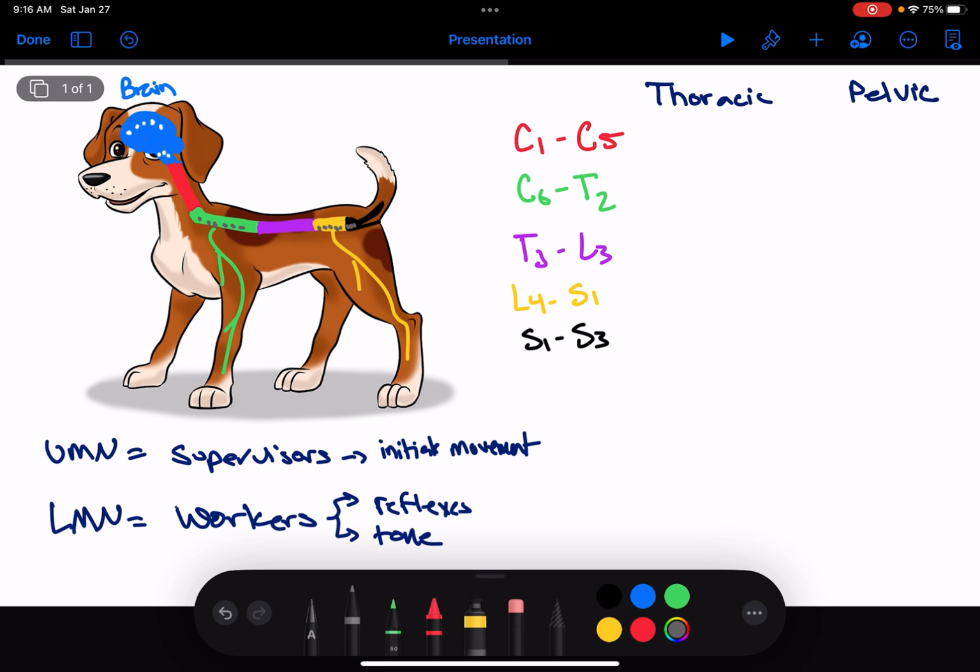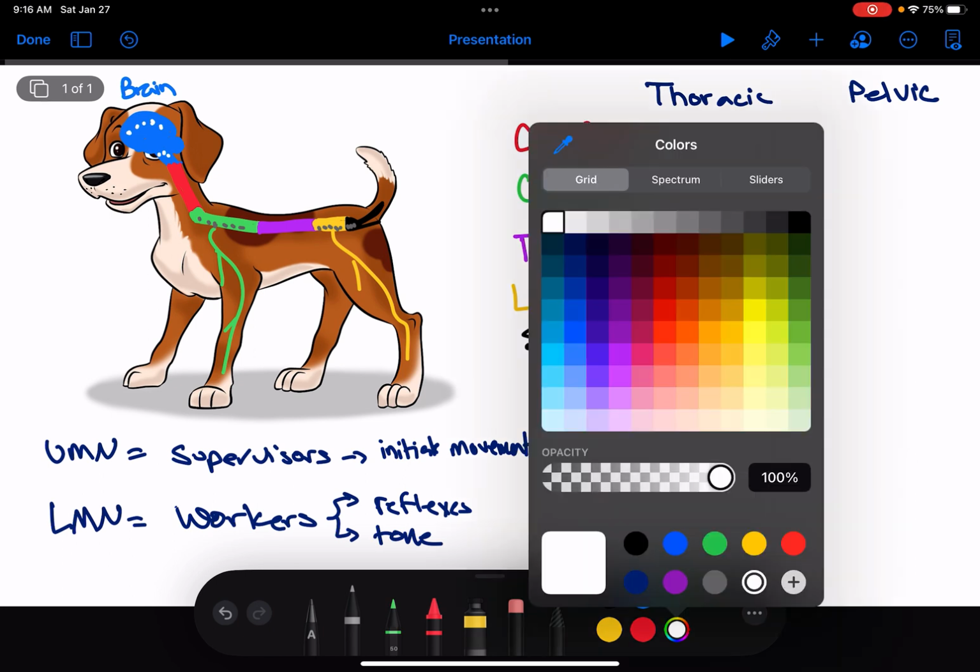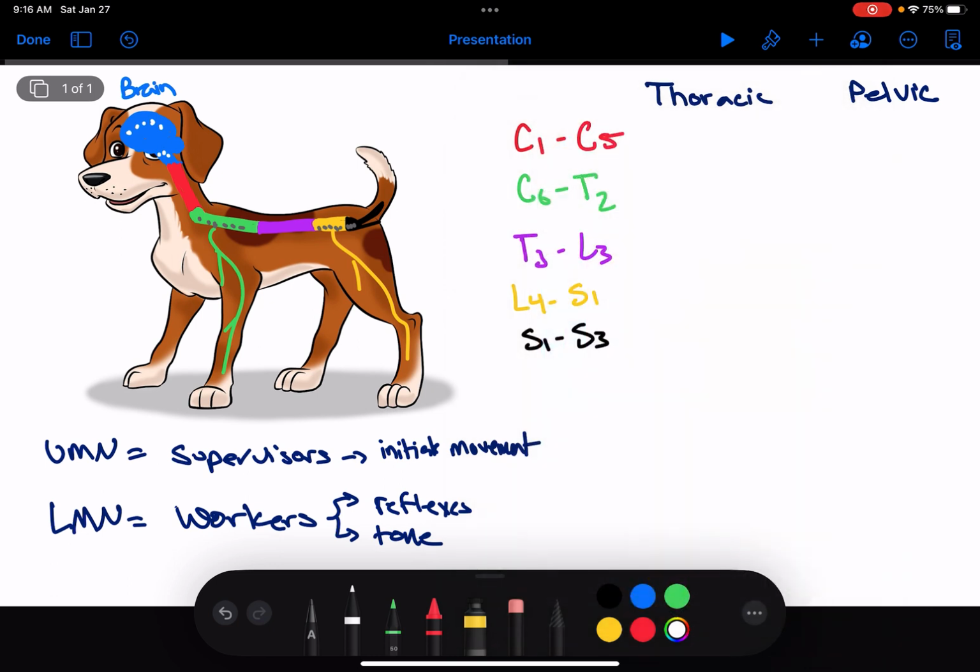Okay? Now, all of these upper motor neurons are going to have to communicate with all of our lower motor neurons, and this is going to be through a lot of our axons and our white matter tracts. And so they're going to travel throughout the spinal cord, in the periphery of the spinal cord, specifically in the white matter that surrounds the gray matter.